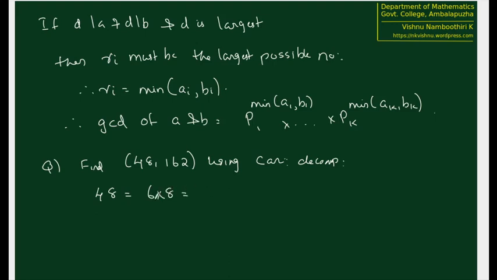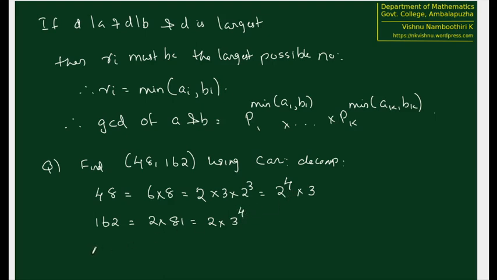Further factorizing, there is 2 into 3 into 2 cube, that is equal to 2 raised to 4 into 3. Now 162 is equal to 2 into 81, that is equal to 2 into 9 into 9. 9 into 9 is 3 to the power 4.